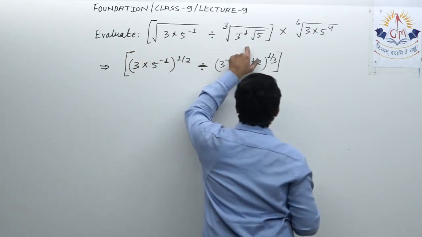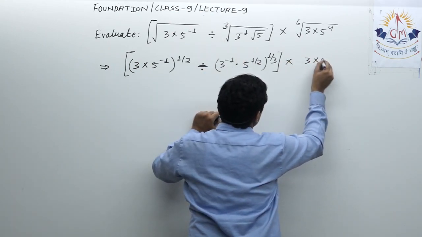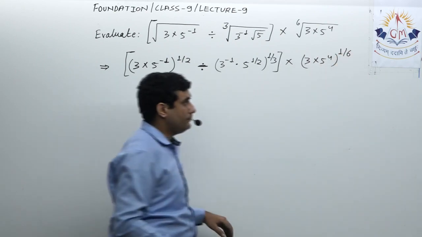Okay, and over here it is 3 into 5 raised to 4, raised to 1 by 6.